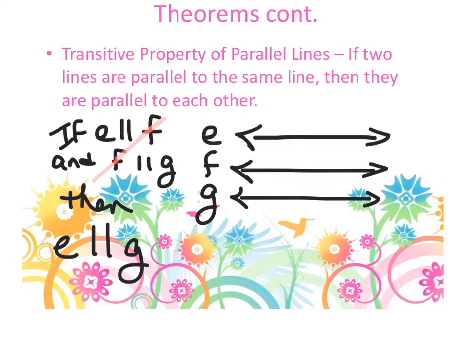So I'm applying the transitive property, and I can show that if you have two lines parallel to the same line, then they're all parallel to each other.